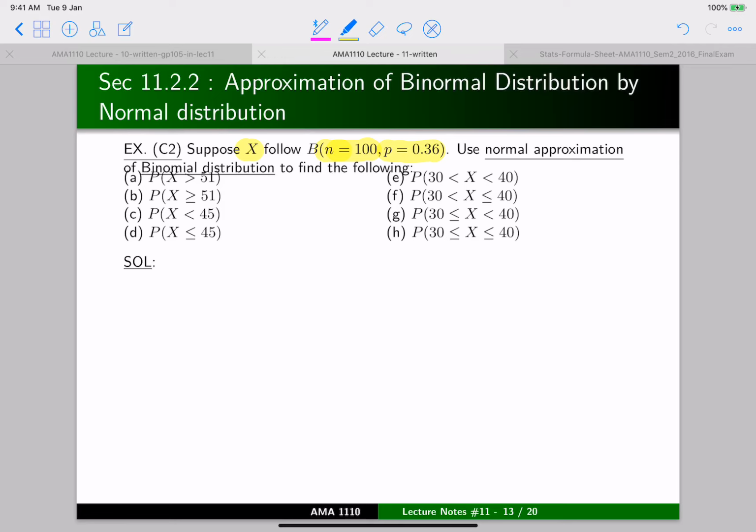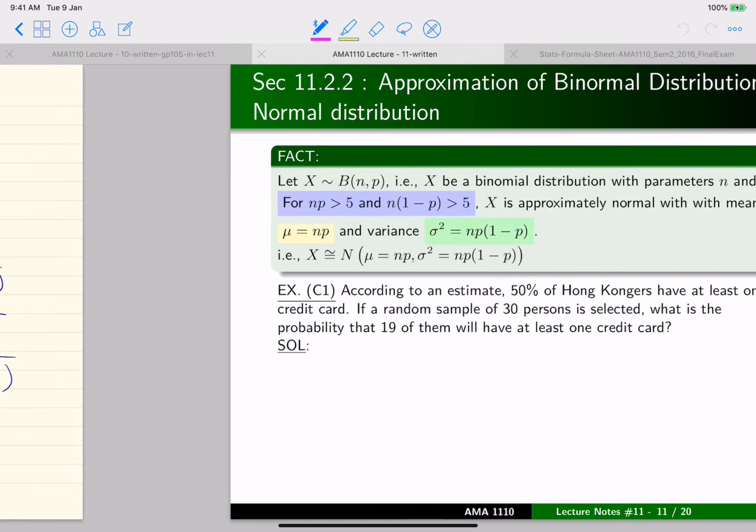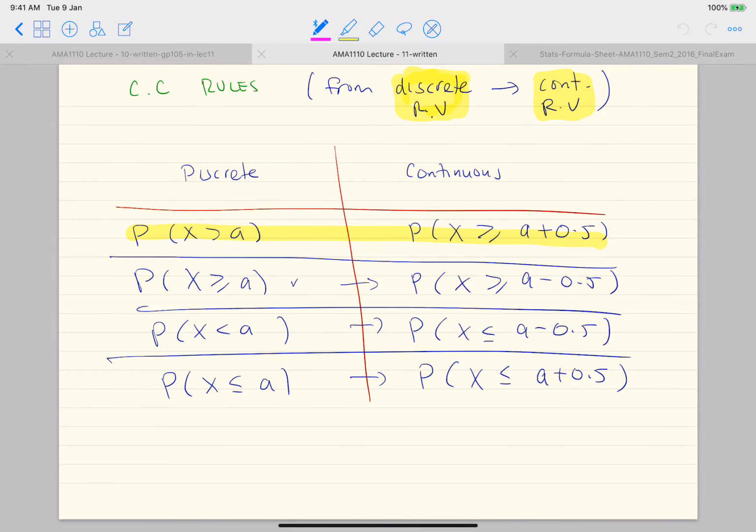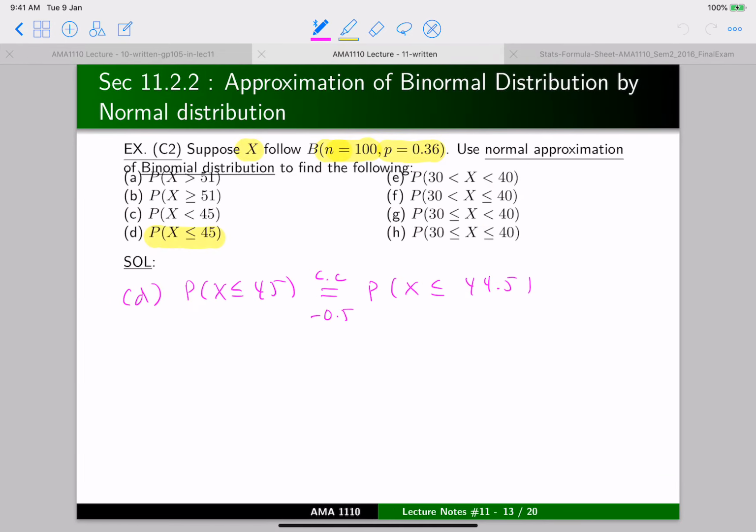For example, you can do the calculation with the continuity correction: you want to calculate the probability that x is less than or equal to 45, so we add 0.5, giving 45.5. Similarly, for the other case, the continuity correction is minus 0.5, so it's 44.